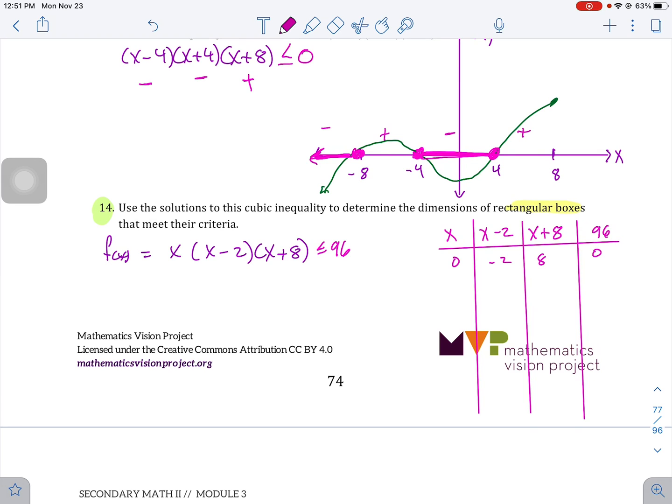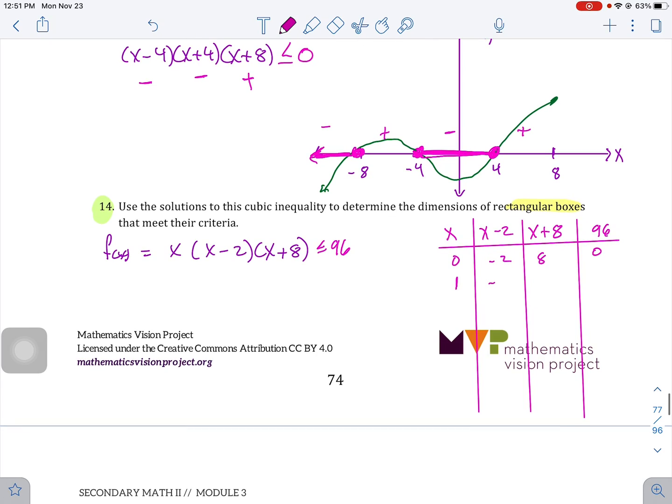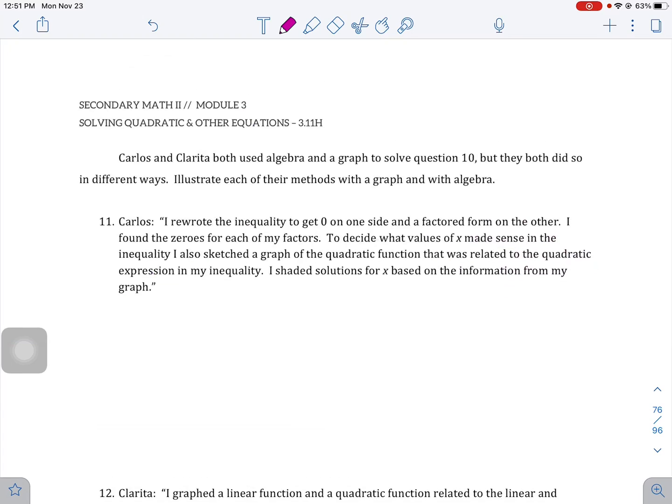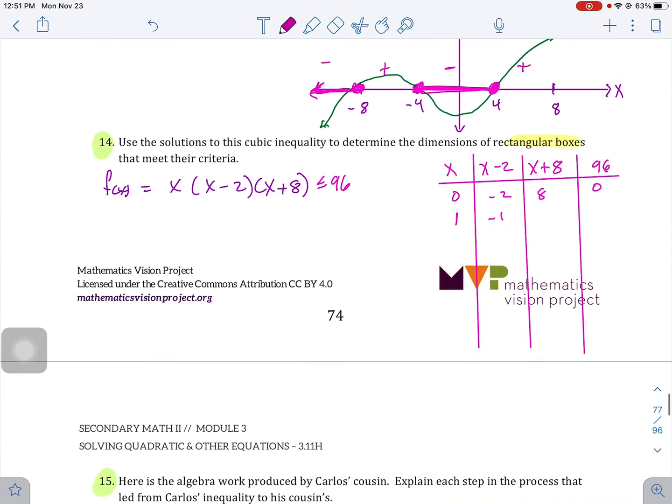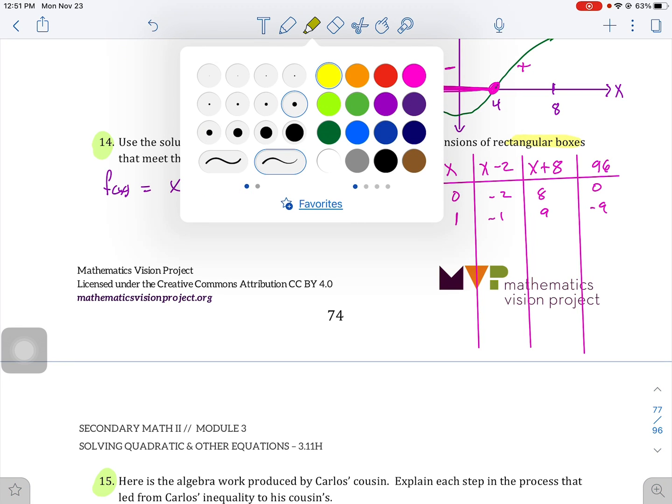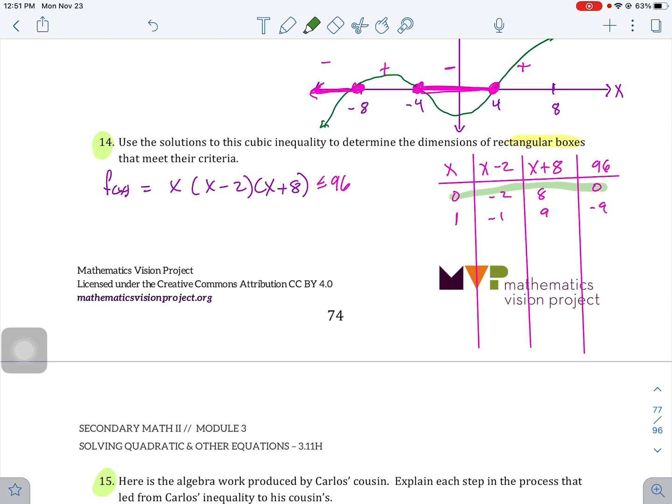You actually end up with 0, but the problem is you can't have a side length 0. So then you can try another one like 1, and 1 minus 2 is -1, and 1 plus 8 is 9, and then you get a negative value, which is also not going to work. So far, we have to say no to these possibilities. But there are other ones.